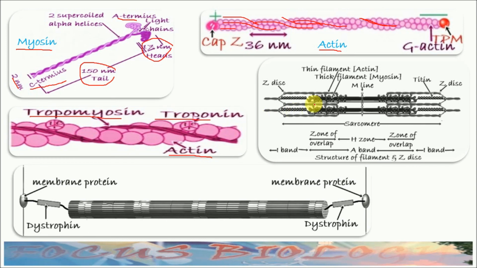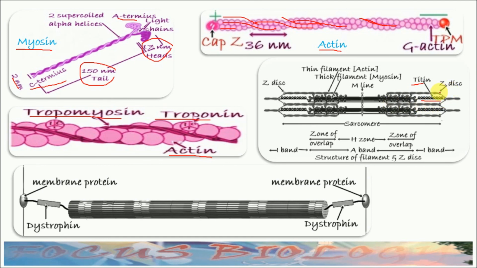Right? Now this one is the titin molecule. You can see this is a spring-like structure. This is the M line. The titin molecule is made up of 26,926 amino acid residues. It attaches on one side to the M line and on the other side to the Z disc, in this zigzag structure. It is spring-like and elastic, and it provides extensibility to the sarcomere, right?